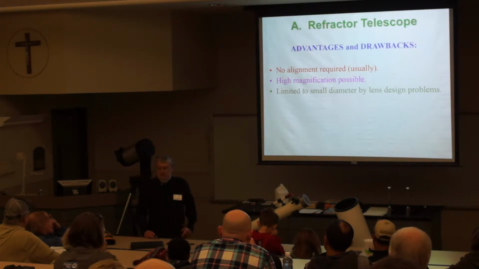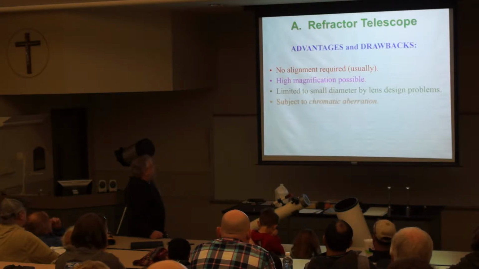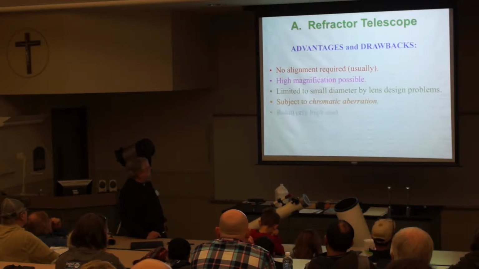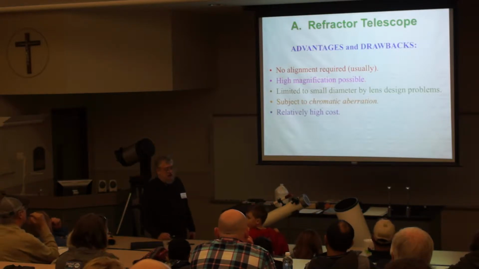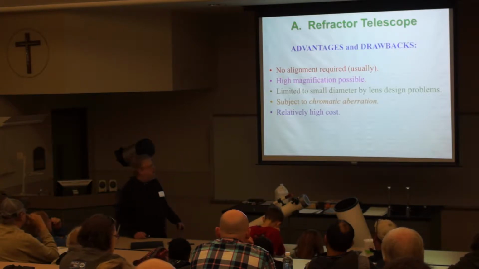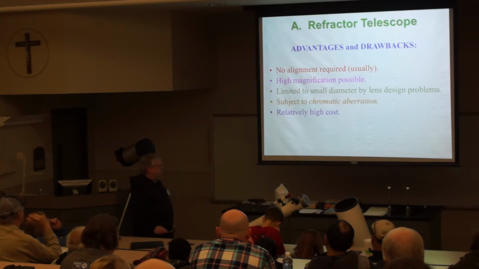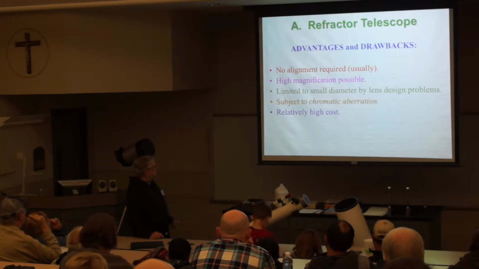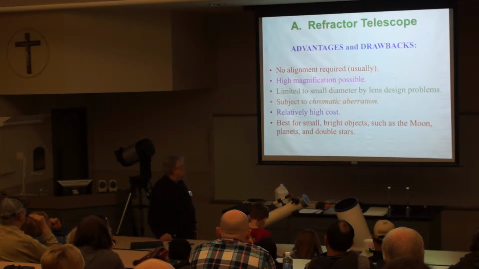But it's a big deal to use a telescope that size. And we've already looked at the idea of the chromatic aberration in the refractors and relatively high cost. For some people, cost is no object apparently, but for most of us, that is a factor.